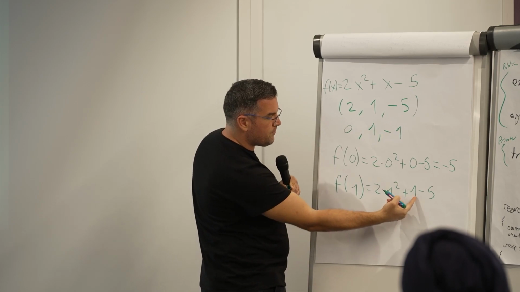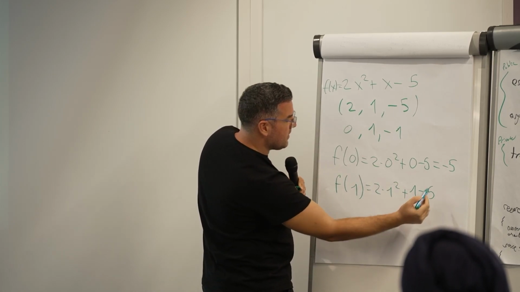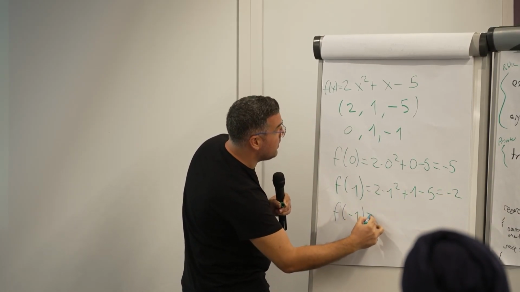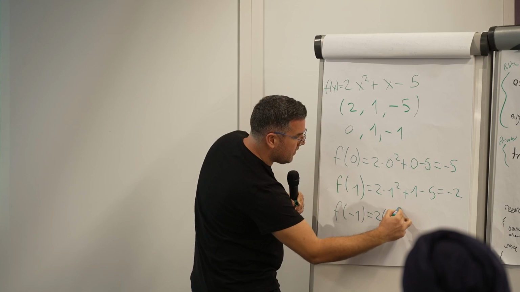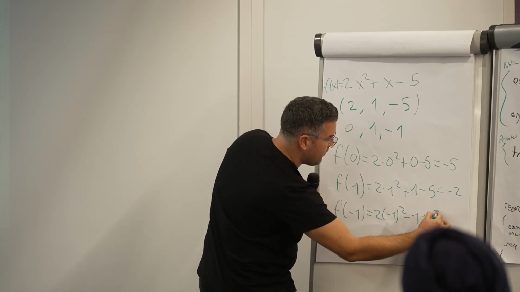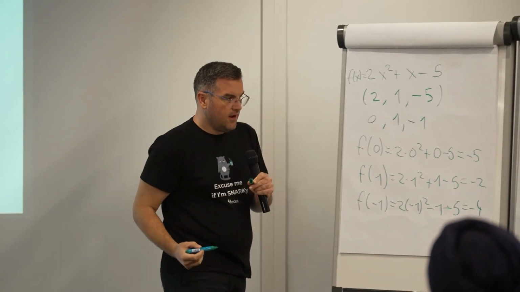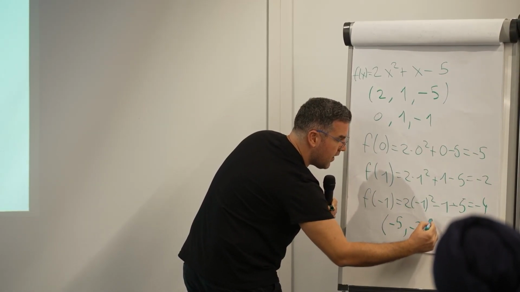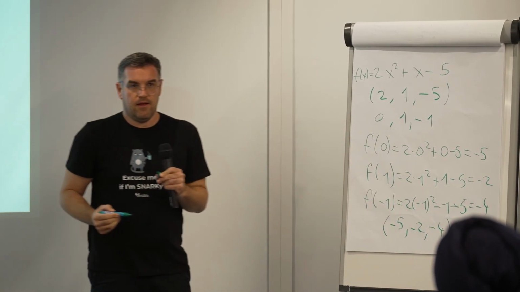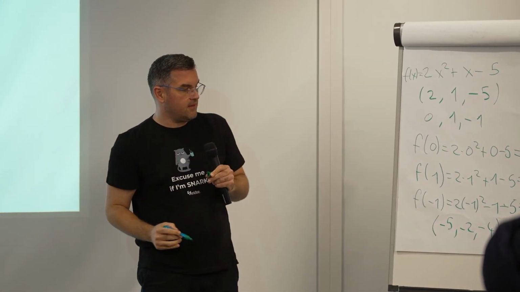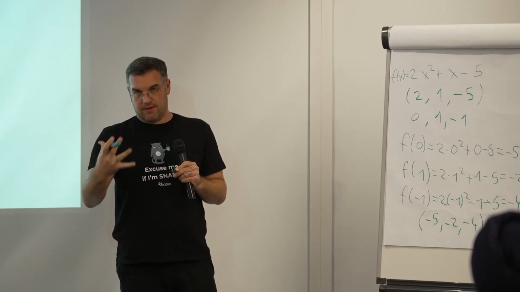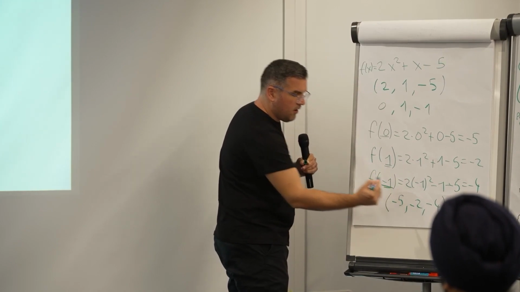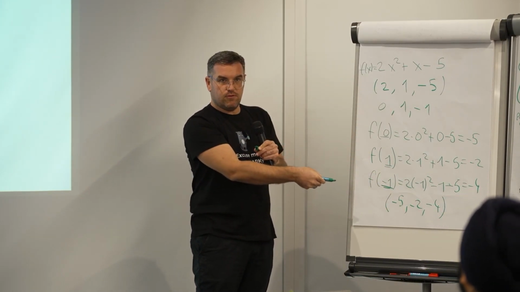That is 2 plus 1 is 3, minus 5 is minus 2. Finally, the value at minus 1 is 2 times minus 1 squared minus 1 minus 5, which is minus 4. Then you would just store the three values, minus 5, minus 2, and minus 4. These are the two ways of representing the very same polynomial in different forms. Once you know what the fixed evaluation points are, you can go back and forth between the two. Yeah?